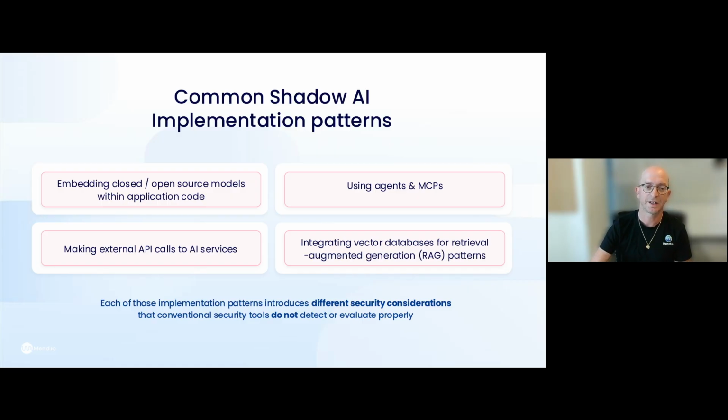The next implementation pattern is, of course, the usage of external API calls to AI services. Inference providers, as we saw, OpenAI is currently the one that we see used the most, but we see more and more of them.